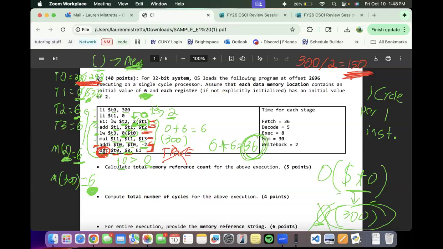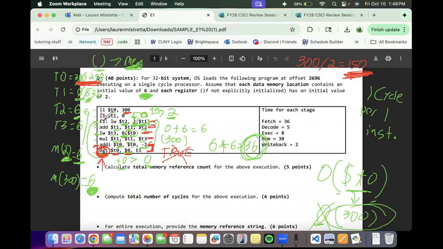So I would just skim through. Oh, I see a branch. So I know that if this branch is true, I might be looping a bunch of times. Otherwise, I'm only doing it the number of instructions. So I have to find out, am I looping this or not? I look immediately and I say, well, I initialize t0, which is dealt with down here with 300.